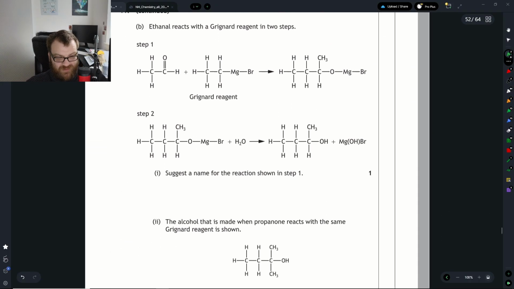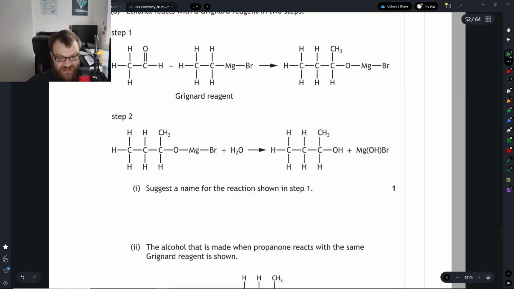Next one, just a name for the reaction that's shown in step 1. I'm looking to see what has changed. I spotted that we had a carbon double bond, and then at the end of this stage, we no longer have that. We now have extra hydrogen added on. One of the things that makes these questions tricky is they move them around to try and get us a bit confused.